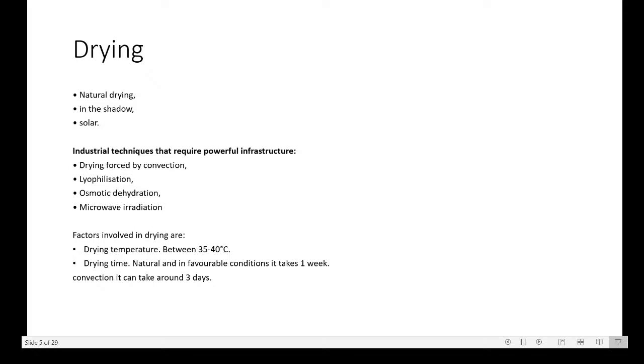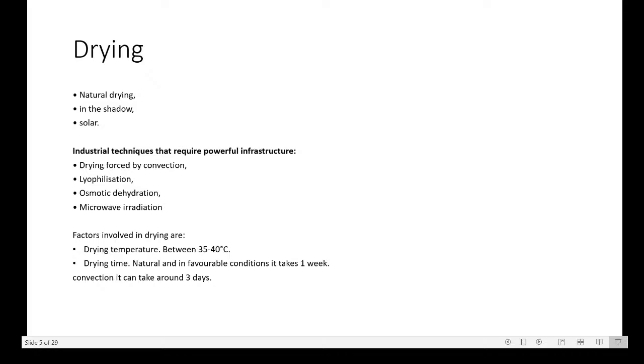It may be in shadow, it may be in sunlight. Stems and roots can be dried in sunlight. But leaves and flowers we are not allowed to dry in sunlight, because they have flavonoids and alkaloid materials. We have to maintain that during drying.